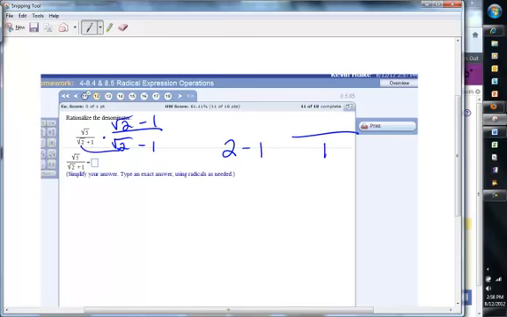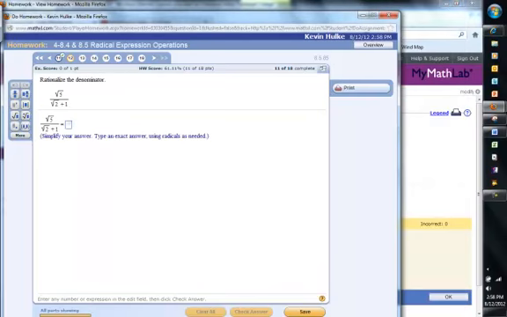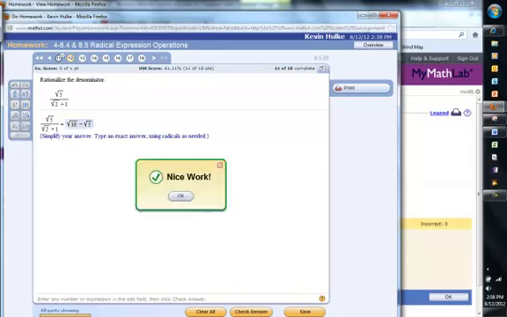So the denominator is 1. Multiply out the numerator, you have square root of 10 minus the square root of 5. So your answer is square root 10 minus square root 5.